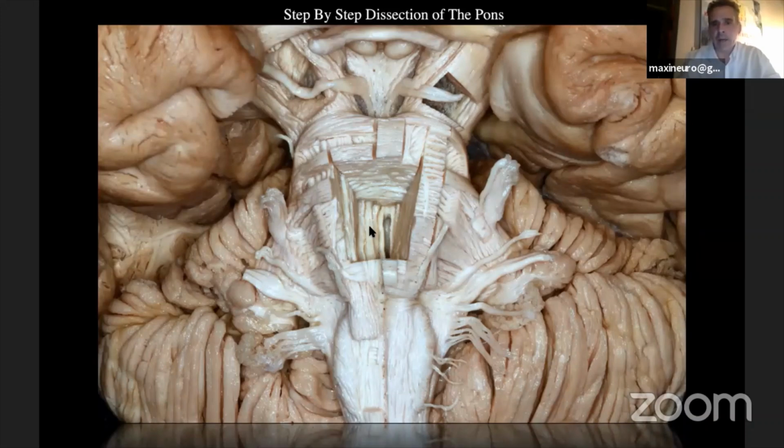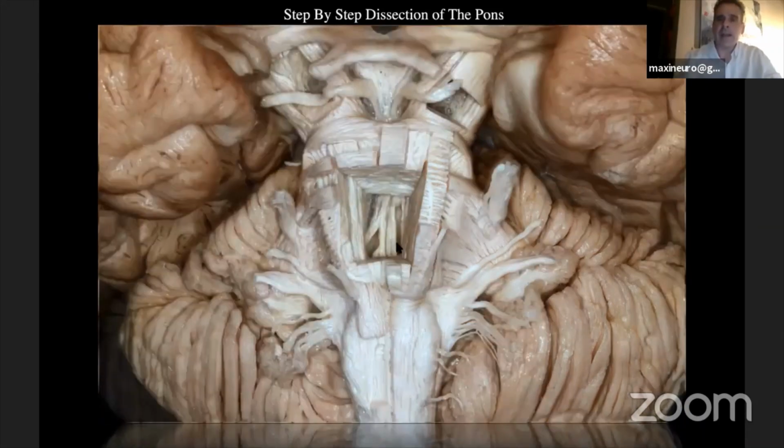And now I preserve the most important fibers, the medial lemniscus, like I said before, and next to it, the deepest transversal fibers of the pons. Now I want to remove these fibers to understand the new tracts.